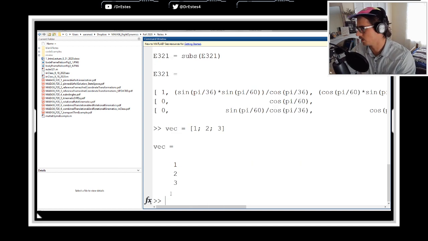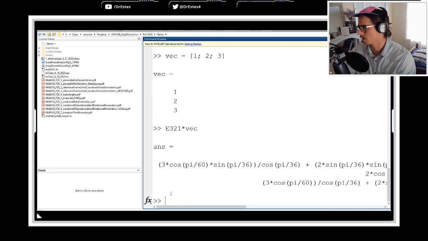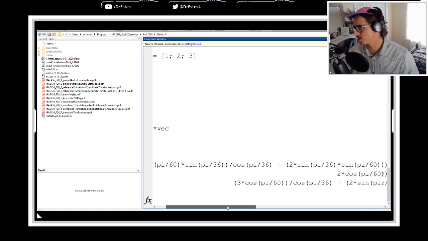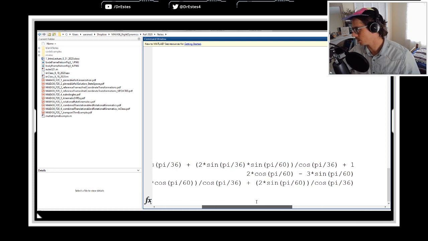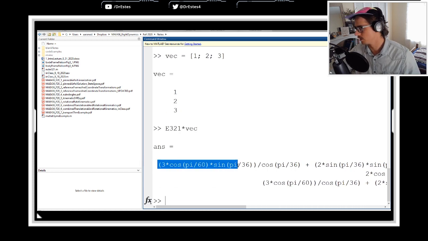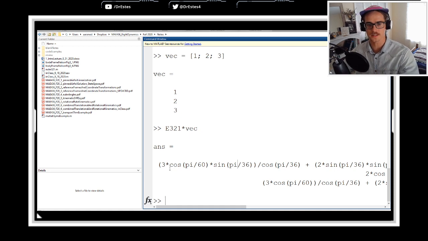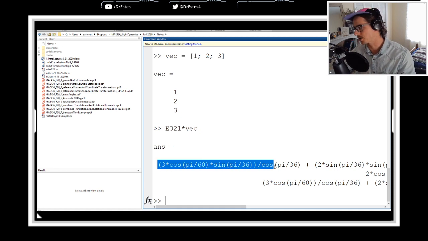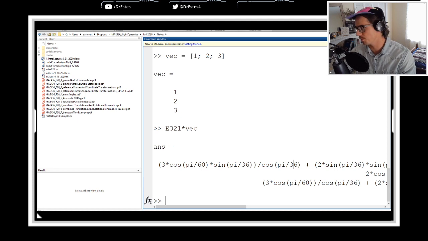It's a 3 by 1. Okay, so you could multiply these together, but it's going to return this huge gobbledygook thing, which can be nice for some applications. But let's say I want to actually simplify this out into some decimal number.